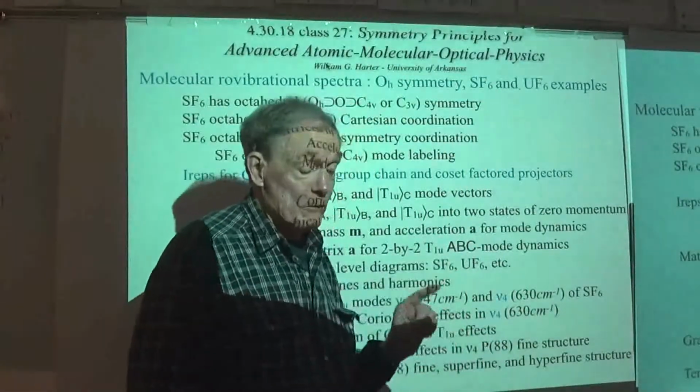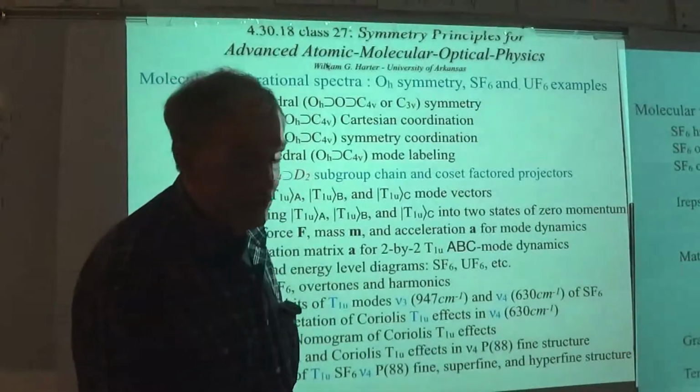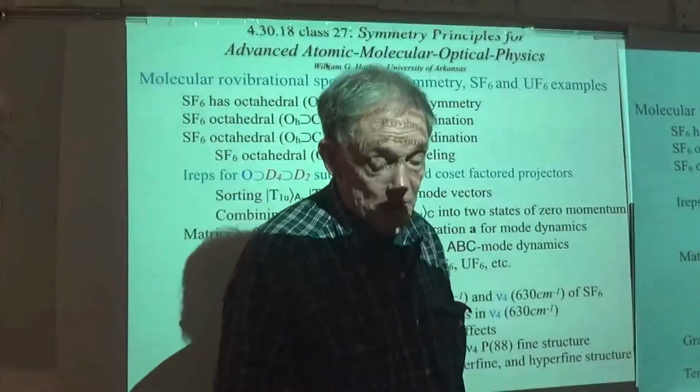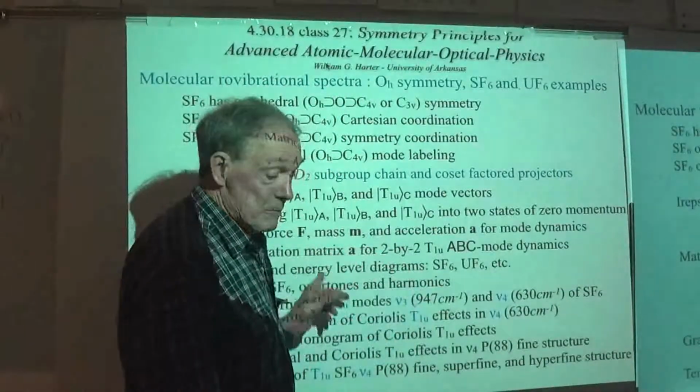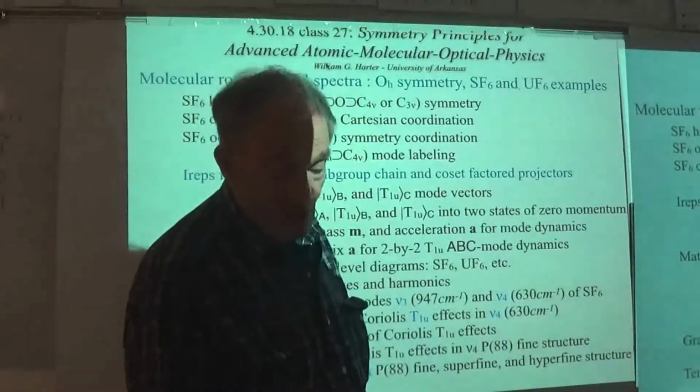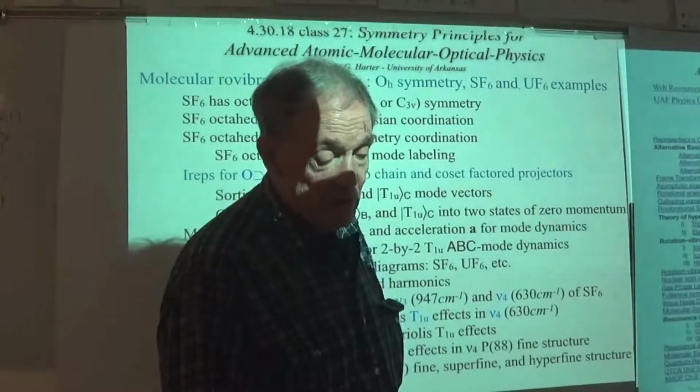We'll stop short of that. We won't be doing that in this class, but it might be worth your time to look at that, and I'll refer again to it when we talk about the Coriolis effects that come up down here. So let's go ahead and get started.